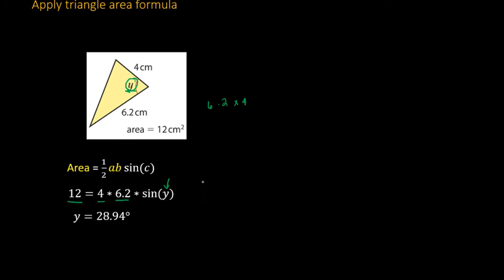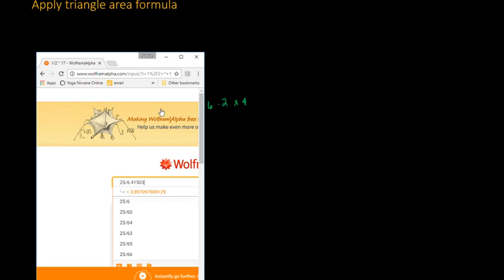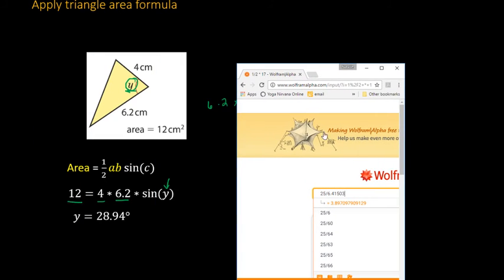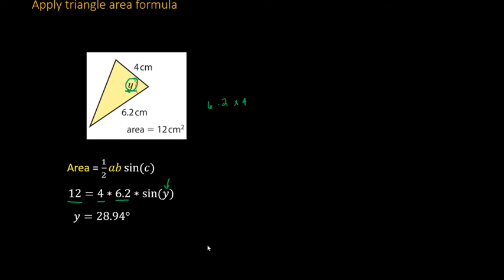Now, another thing, why don't we go through this again? We'll show the calculator again. So let's say you're staring at that and you say, okay, I've got 12 equals 4 times 6.2 times sine y. The first thing I would probably do is take 4 times 6.2. 4 times 6.2 is equal to 24.8.